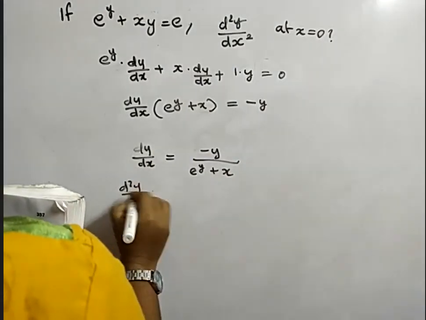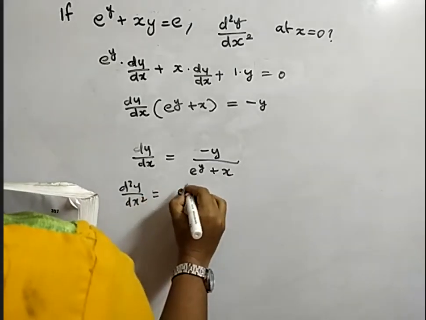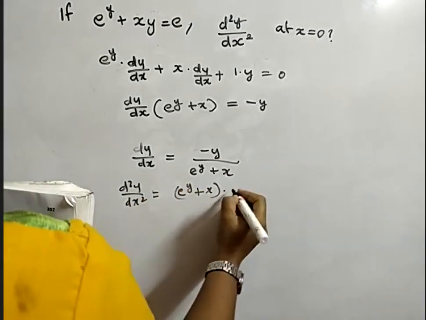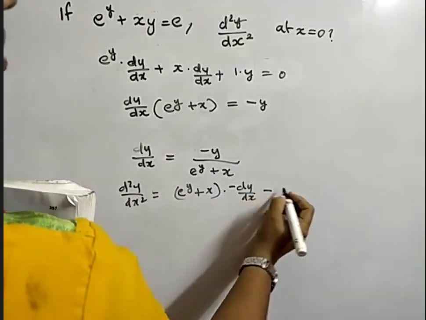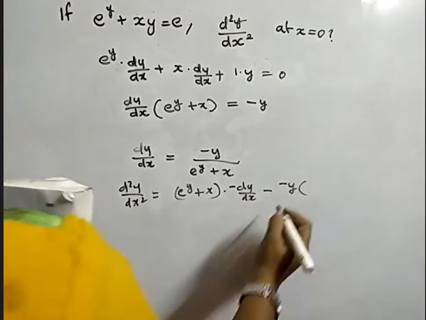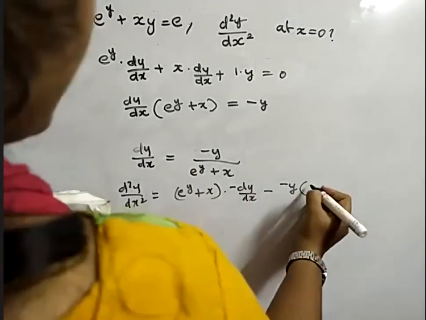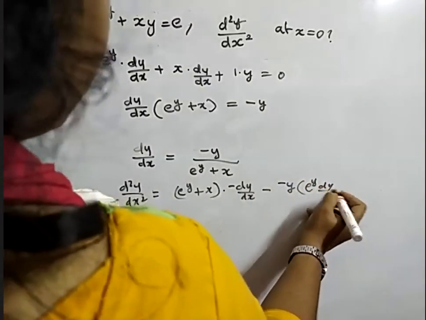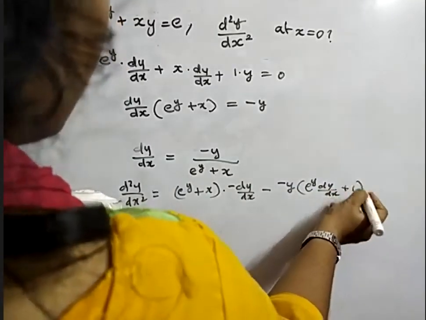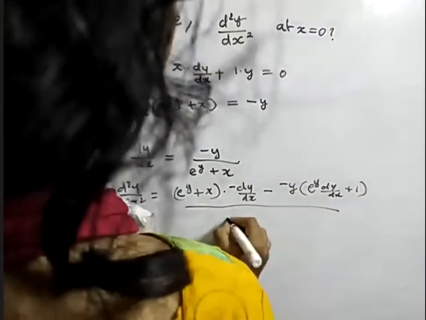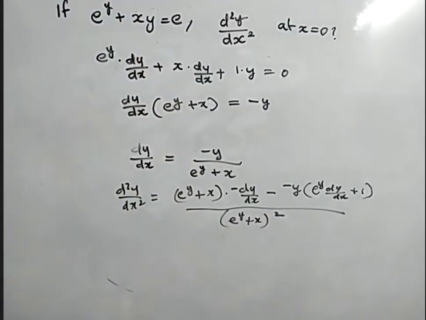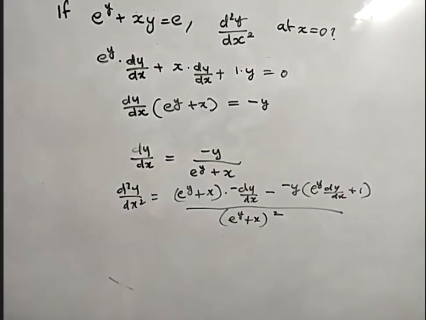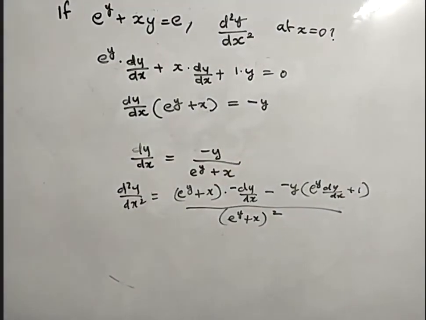So d square y by dx square is equal to denominator into derivative of the numerator, that is minus dy by dx, minus numerator into derivative of the denominator. Derivative of the denominator is e raised to y dy by dx plus 1, divided by denominator square. Denominator into derivative of the numerator minus numerator into derivative of the denominator by denominator square.